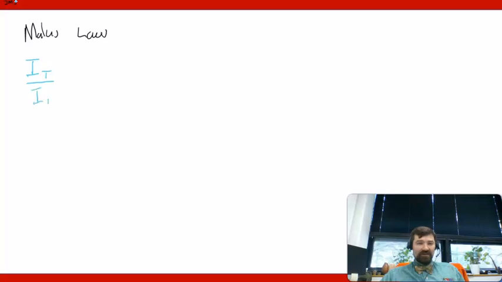Now, what does that mean for Malus's law? So here's what Malus's law has to say about this. If I want to look at intensities, let's say that I want to look at I transmitted divided by I incident. Well, that should look like E transmitted divided by E incident, both squared. Okay, where did I get that from?